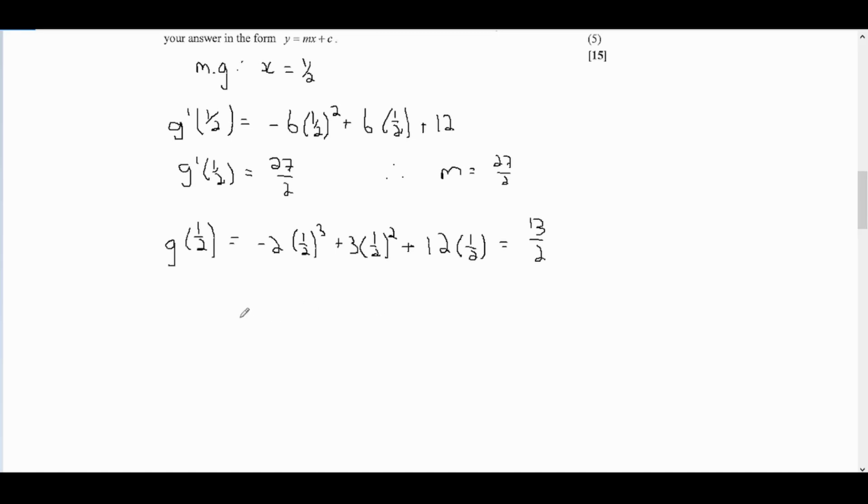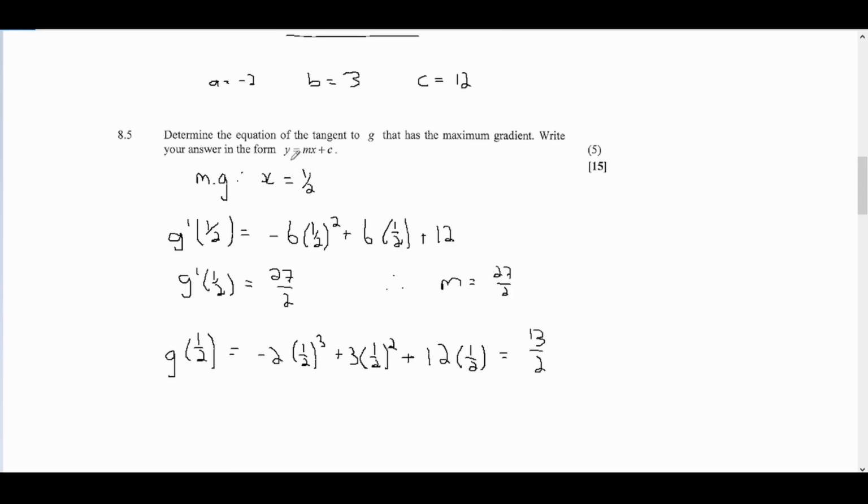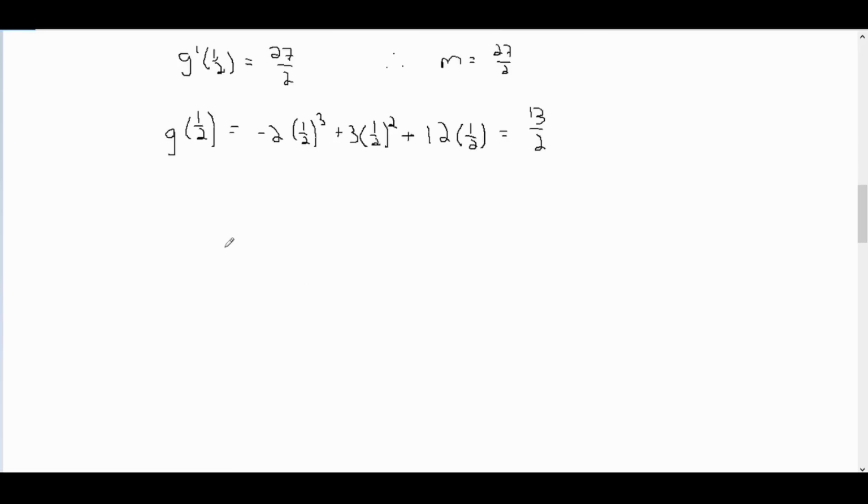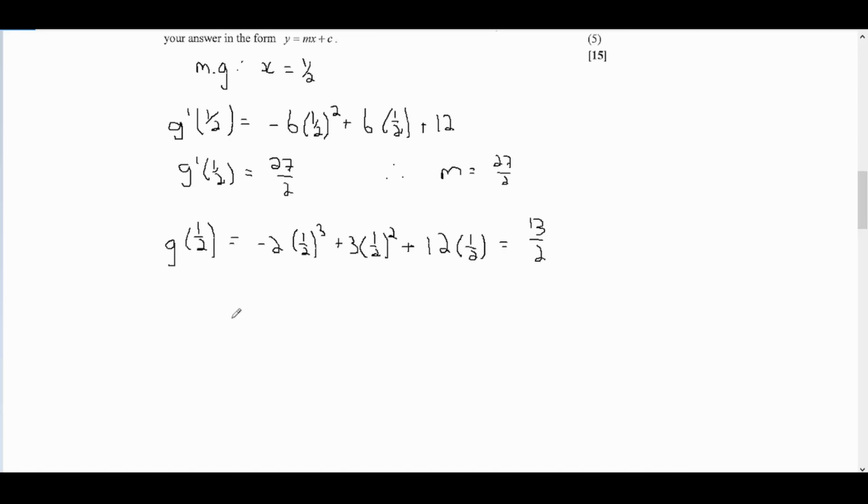We can then solve for our straight line to get it in this form. And to do that, we'll take y minus y of our coordinate is equal to m, which is our gradient, x, what we're looking for, minus x, our coordinate that we have.